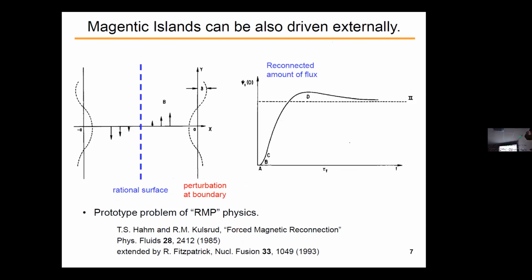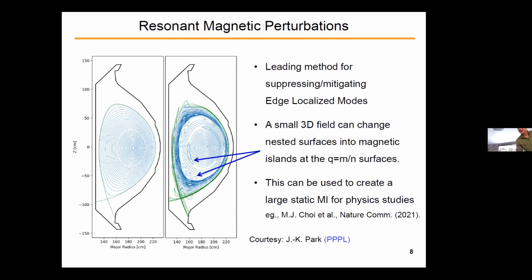And magnetic island can also be driven externally by some coils or distortions in the boundary condition, and this is called the forced reconnection problem. As you can imagine, this is a prototype problem of resonant magnetic perturbation physics, and there are a few experts on this subject.